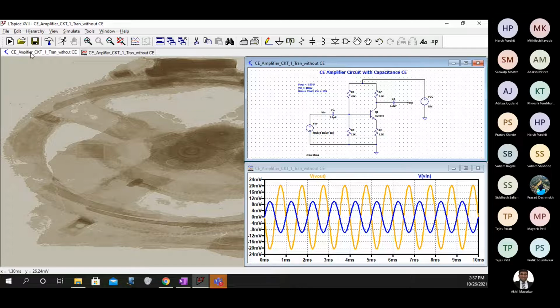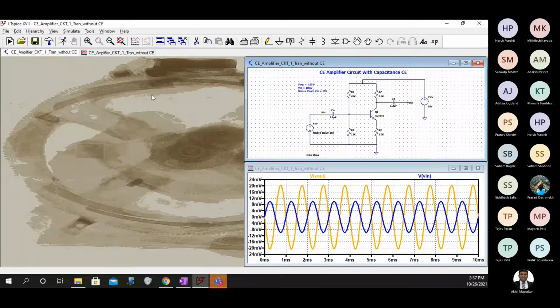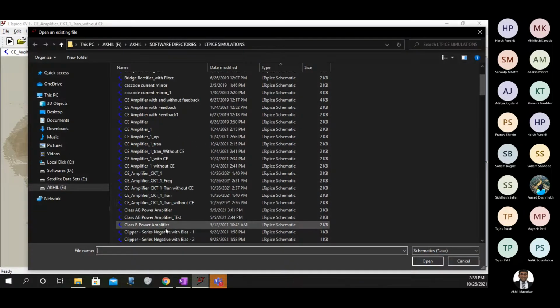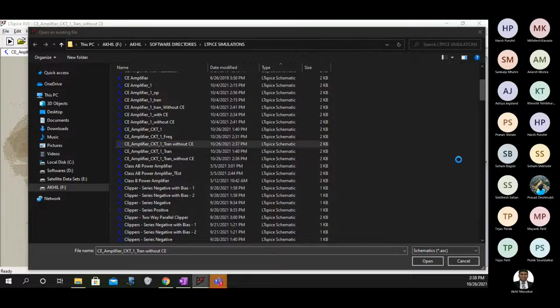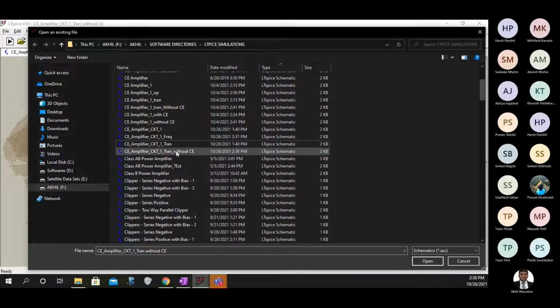One minute, file, open, without C, and now we want frequency.